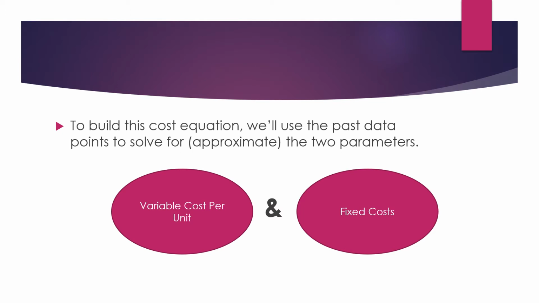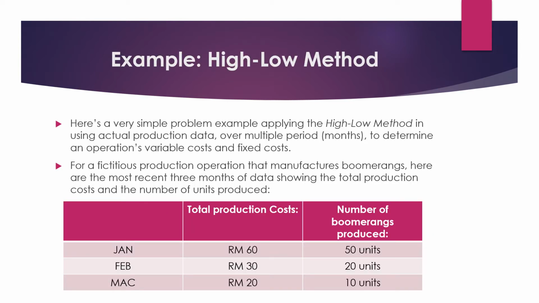To build this equation, we use past data points to approximate the two parameters, variable cost per unit and the fixed cost. Example, high-low method.